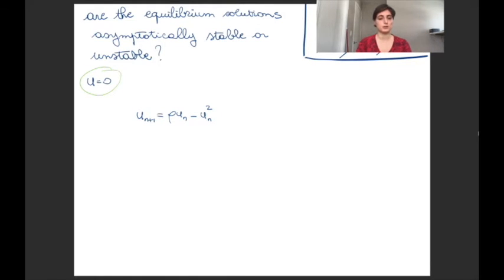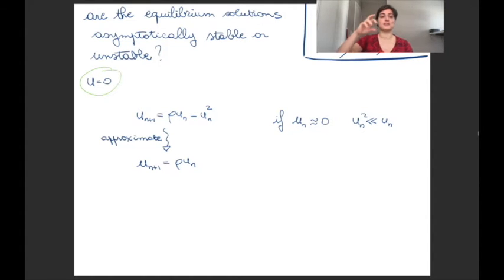So this is our difference equation, un plus 1 equals rho un minus un squared. And we wonder, if un is small, what happens? Well, if un is small, then un squared is even smaller. So we are claiming that the squared term, un squared, is so small that it doesn't matter.